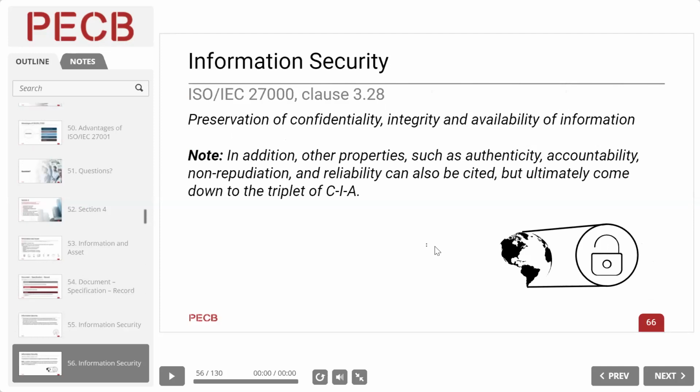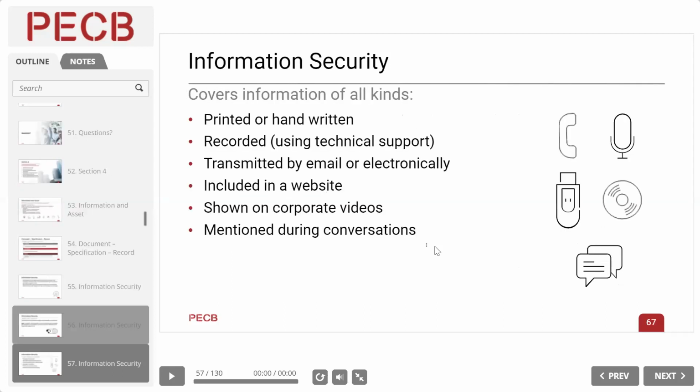Another definition for information security is the preservation of confidentiality, integrity, and availability of information. These days, we also add other properties such as authenticity, accountability, non-repudiation, and reliability, as added parameters that are important for us to look at and ensure as part of the requirements for information security.